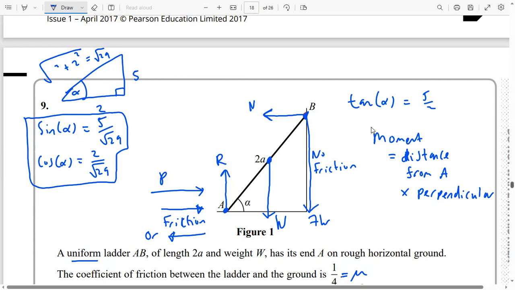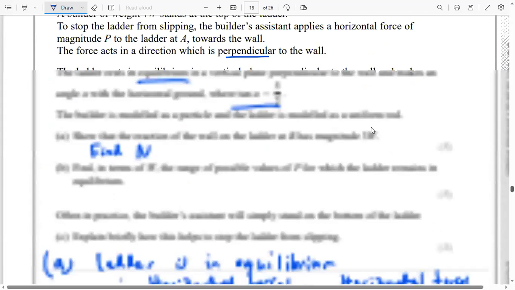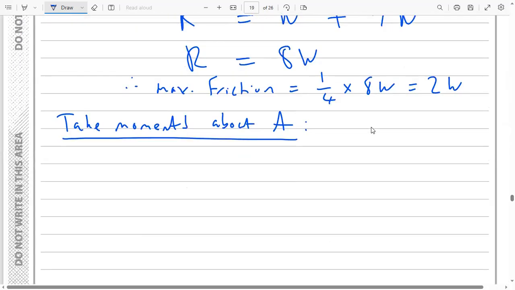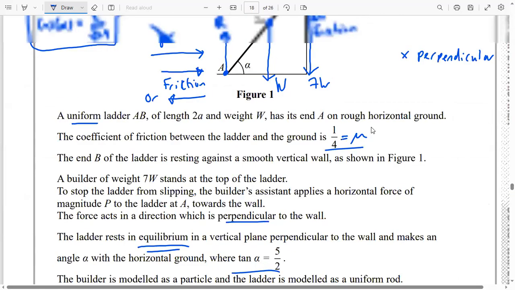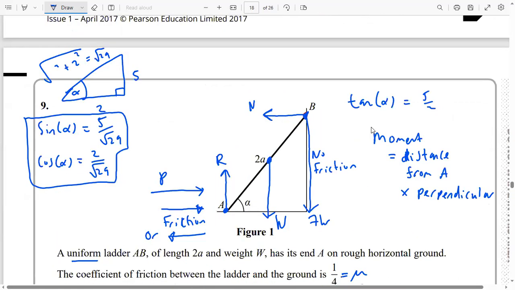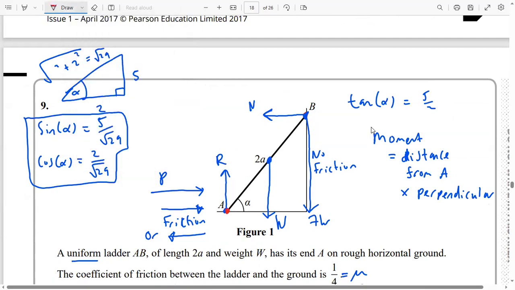So let's take moments at A. Again, the ladder is in equilibrium. That means our clockwise moments are going to be equal to our anti-clockwise moments. Imagine you've got some kind of pin, or your finger, down at A, fixing the ladder.